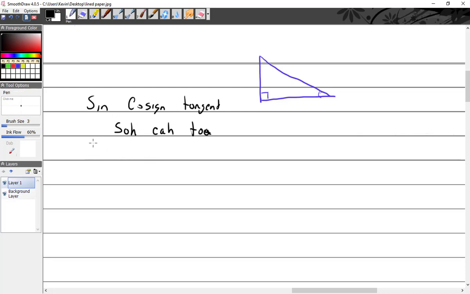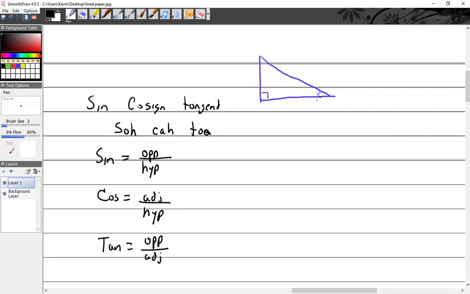It's another way of saying that sine of something is equal to the opposite, O, divided by the hypotenuse, H. Cosine is equal to A, the adjacent, divided by the hypotenuse. And tangent, tan, is equal to O, opposite, divided by A, adjacent.